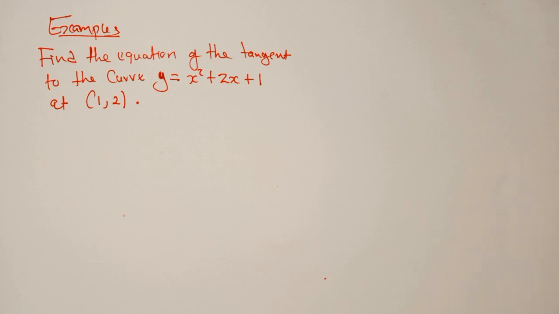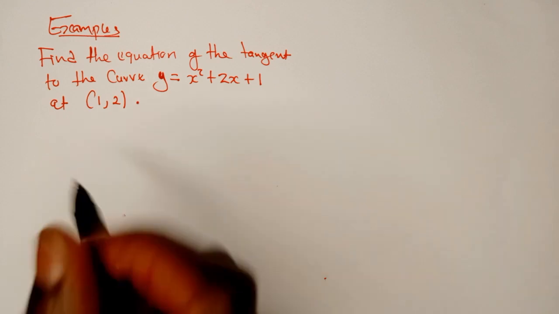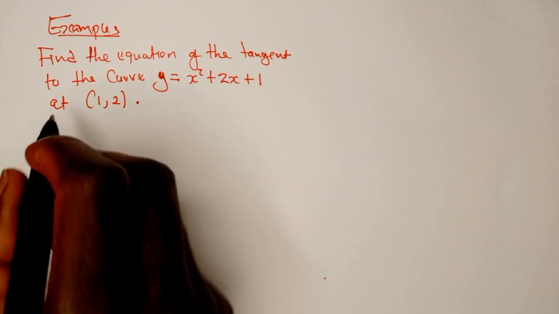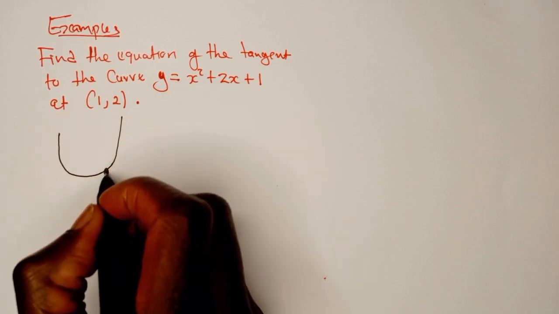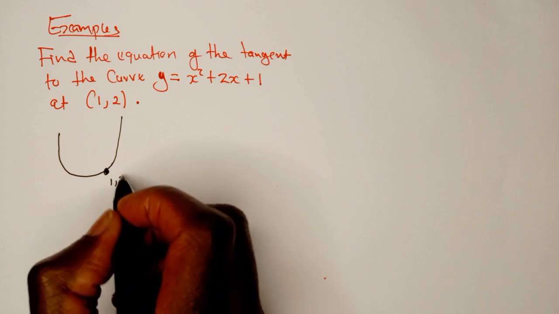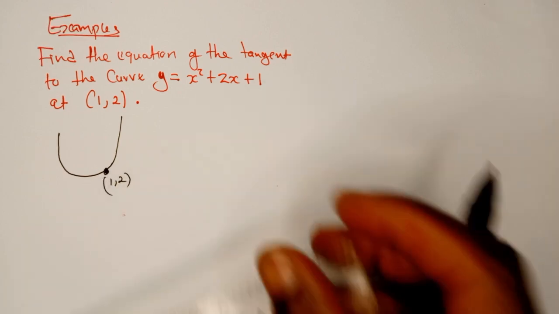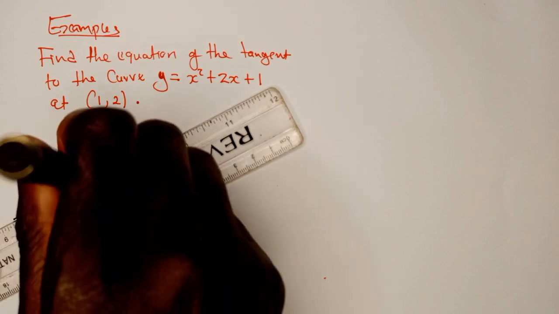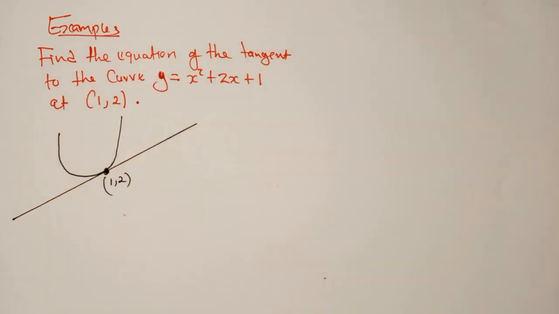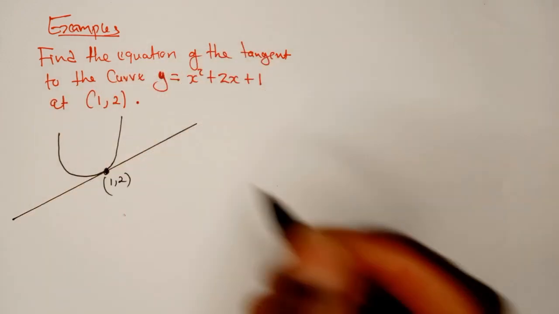So if I was to sketch this one, I've been given a curve, then there is this point (1, 2), there is a tangent that is passing through that point.